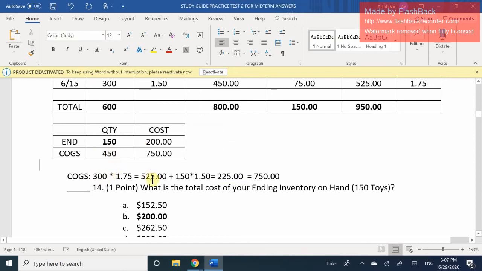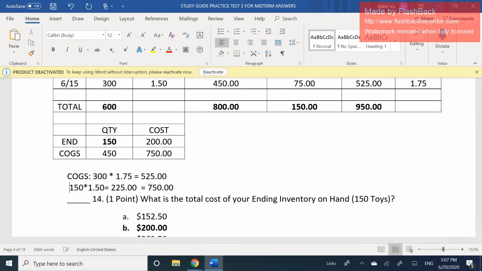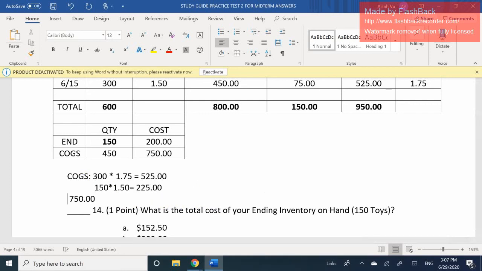Yes. Okay. Maybe I should have it like this. Would that be better? So you know to add them. 450 equals 750.